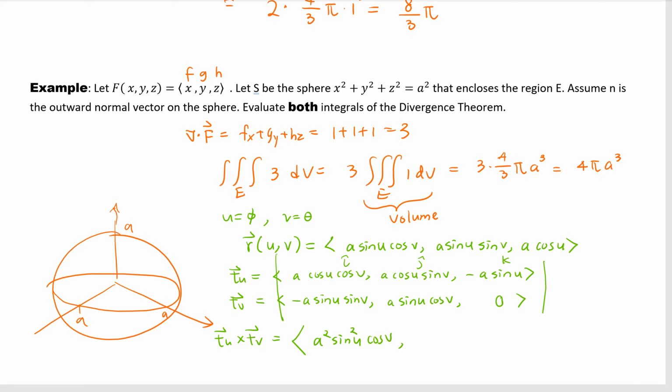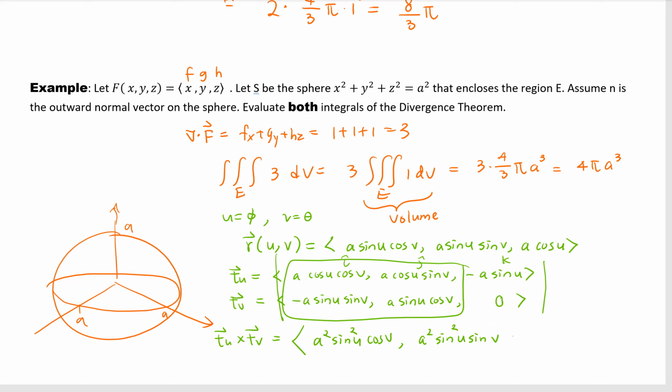And then we do minus the j component of the determinant of these, 0 minus negative. Actually there are 4 minuses together, so it becomes positive: a squared sine u squared sine v, right? And then the k component is the determinant of this.